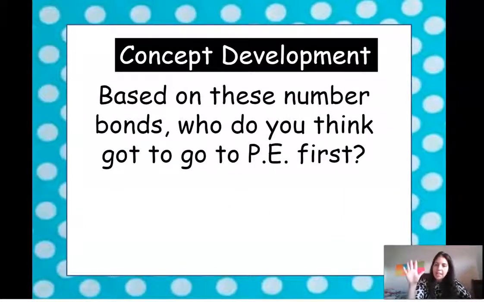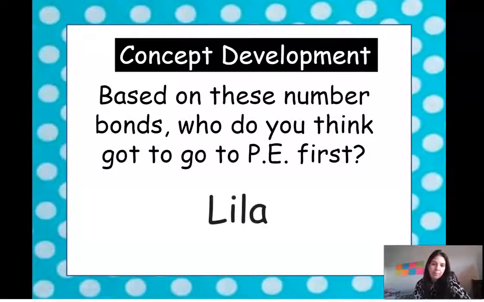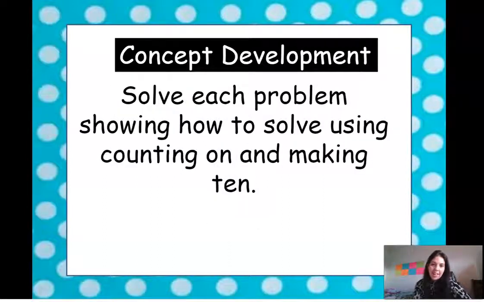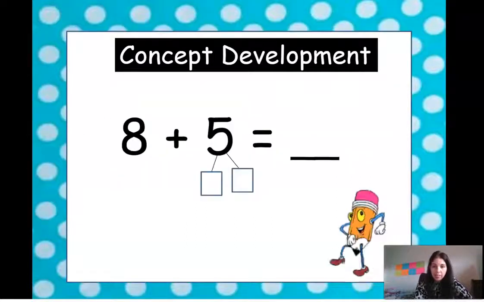Raise your hand if you say Sergio. No. Raise your hand if you say Lila. I agree. Lila probably went first because she did the make the 10 way. Yay! Okay, so now we're going to solve each problem showing how to solve using counting on and making 10.